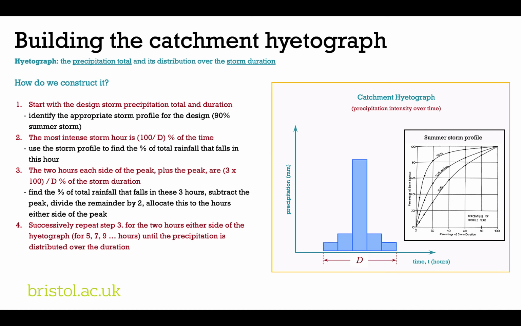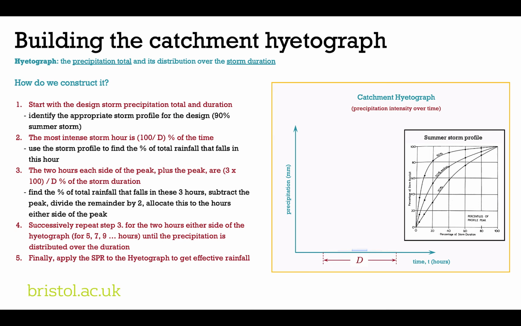And then you successively repeat step 3 for the 2 hours either side of the hyetograph. So depending upon how many hours you've estimated your storm duration is, you'll need to continue to do that until all the precipitation has been distributed over the duration. And finally, once you have this, you need to apply the standard percentage runoff to the hyetograph bar by bar to get the effective rainfall.